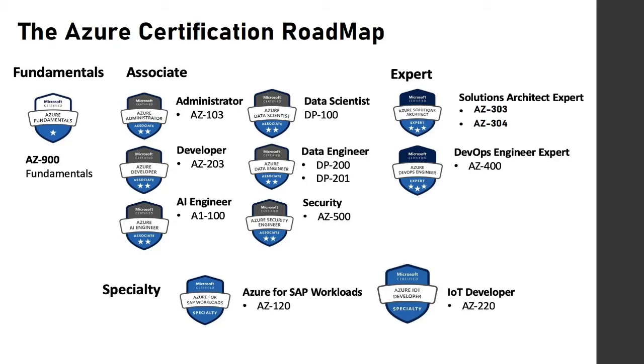Azure Fundamentals is AZ-900, and if you are going for the associate certification, it is split across administration, data scientist, developer, data engineer, AI engineer, and security based exams. If you're going for the expert level, that is the architect exams, solution architect and DevOps engineer experts. One more category for Azure certification is specialty, that is SAP and IoT, Internet of Things.